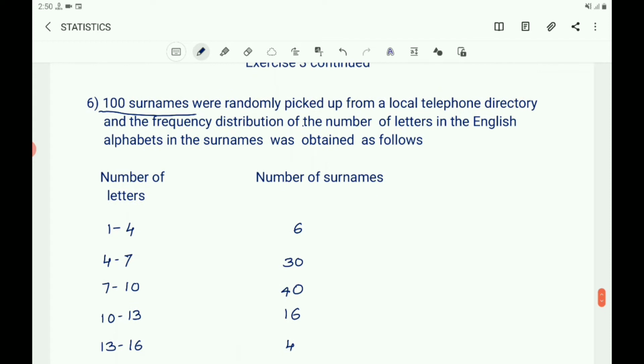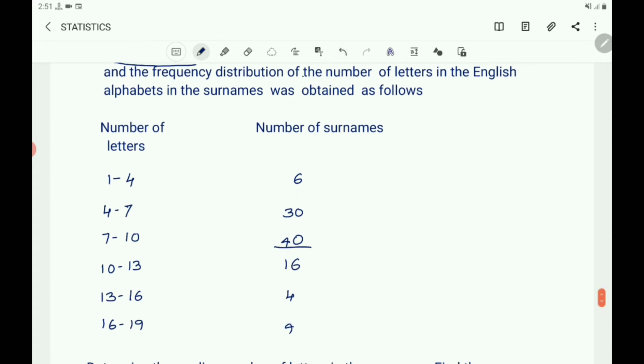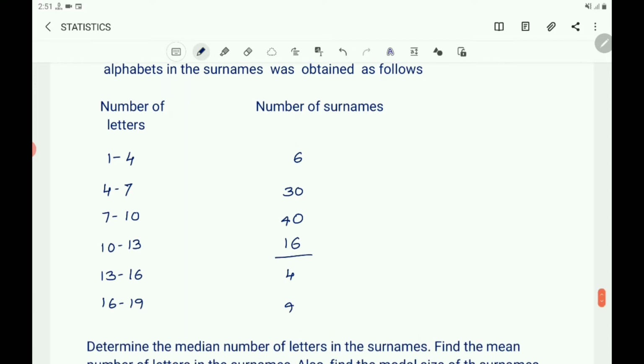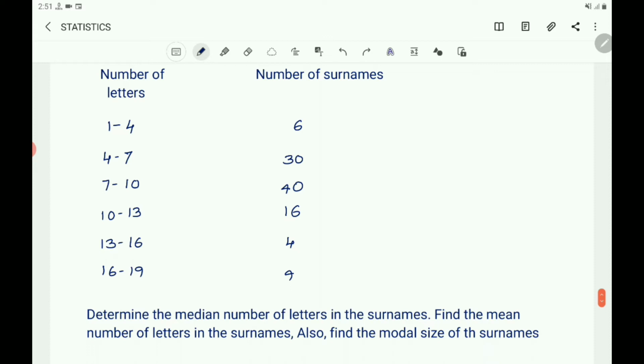Here 6 surnames are having 1 to 4 letters, and 30 surnames are having 4 to 7 letters. 40 surnames are having 7 to 10 letters, and 16 surnames are having 10 to 13 letters, and 4 surnames are having 13 to 16 letters, and 4 surnames are having 16 to 19 letters.